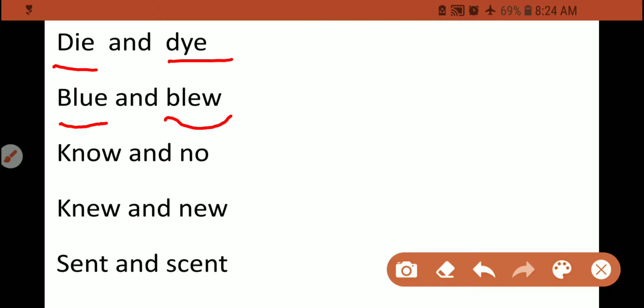The third set of examples, we have know. To be knowledgeable, to know something. And the second no is to refuse or reject something. We have new and knew. This is the past tense of know.